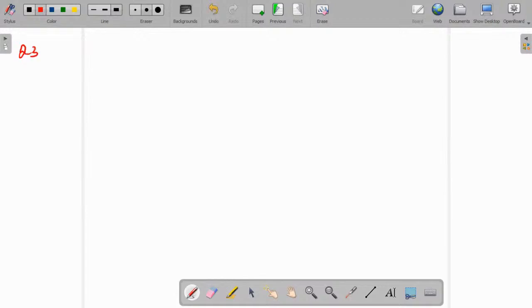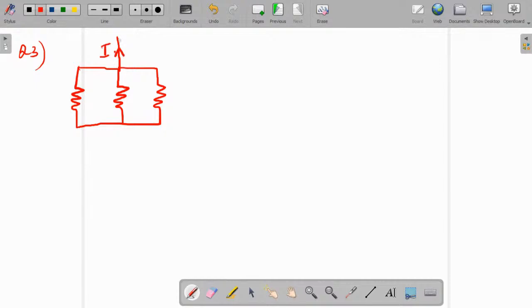Next, question number 3. So consider these two networks. You have 3 resistors in parallel. Direction of current, and it is connected to a ground terminal, and here you have a source voltage.